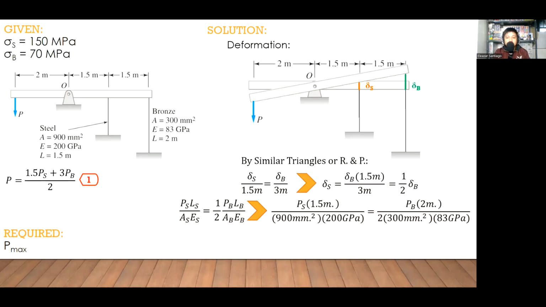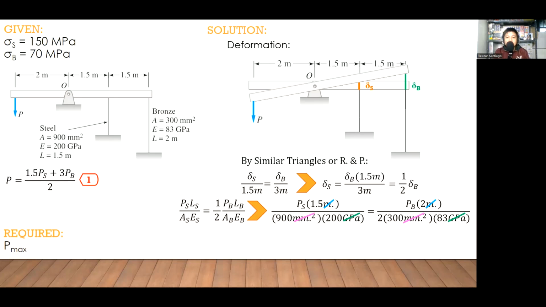So it is equated to, we have P sub B times the length of the bronze material, which is 2 meters, divided by 2 times the area of the bronze material, which is 300 square millimeters, and multiply that with E, which is 83 gigapascals. So cancel out again the unit of the length, the unit for the area, as well as the unit for E, that is the gigapascal.